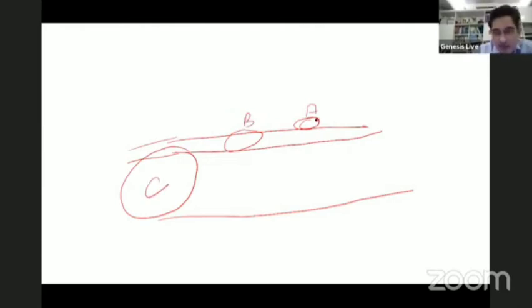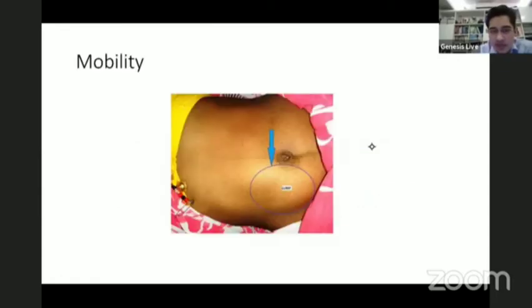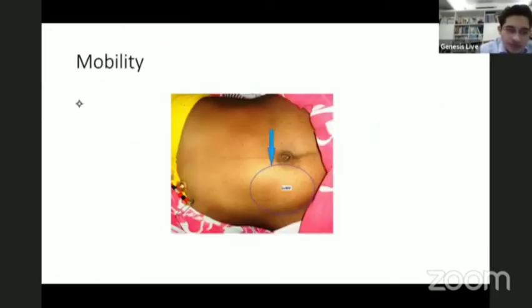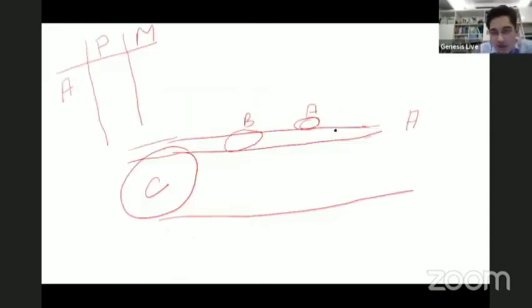In case of A, when you do the head raising or the leg raising test, A becomes more prominent. For example, if we draw a chart over here, let's say this is prominent, this is mobility, right? On contraction of the muscle or the head raising test, A becomes more prominent and it doesn't have any effect on the mobility.